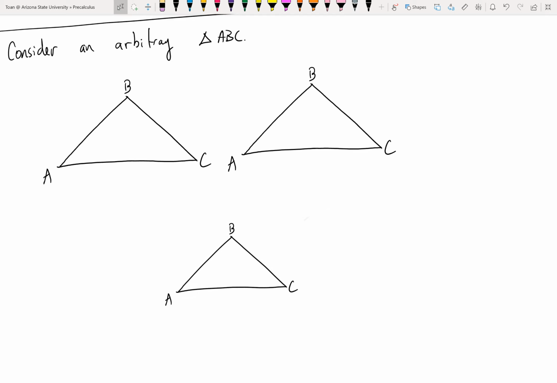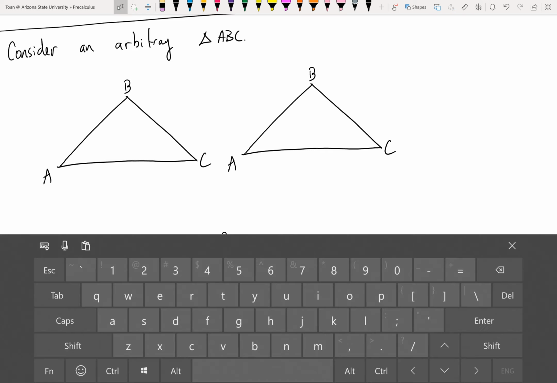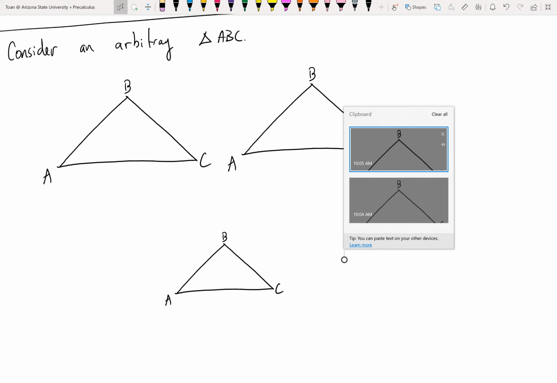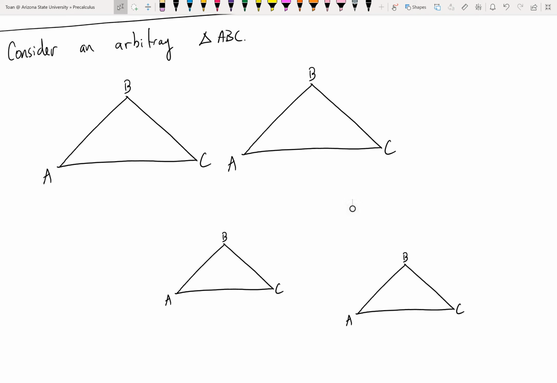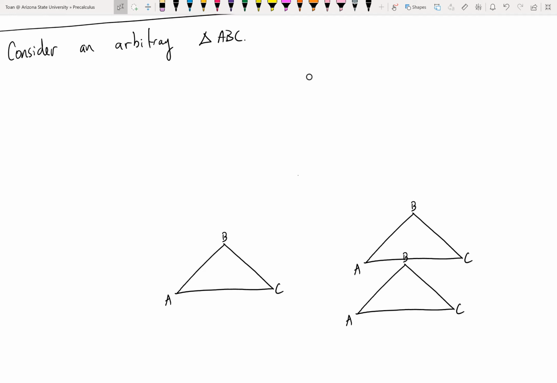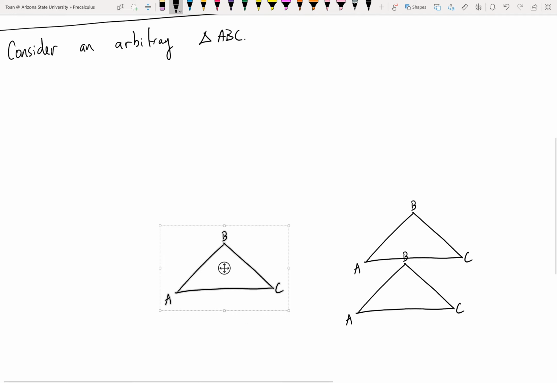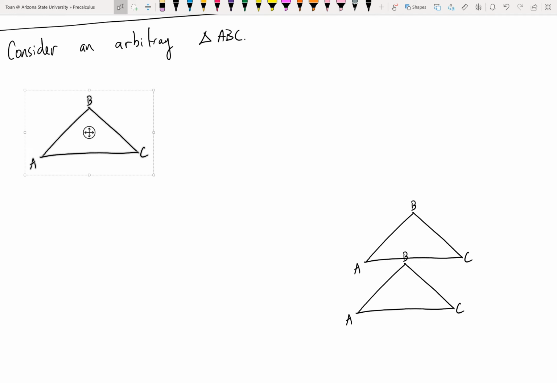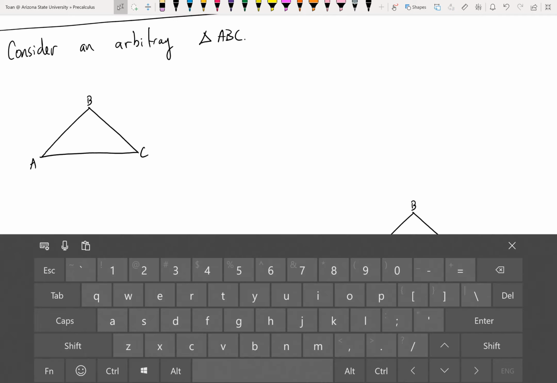Sorry for the technical difficulties, but I want them to fit all on the same page. There we go. Let's delete these two here. Okay.